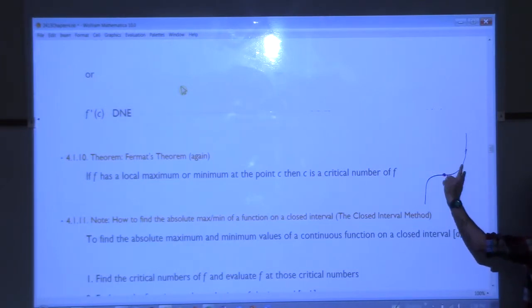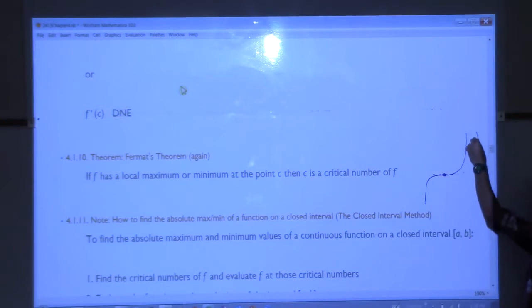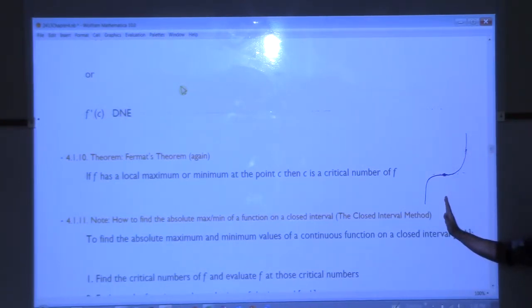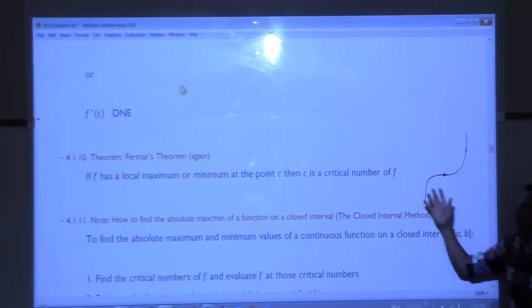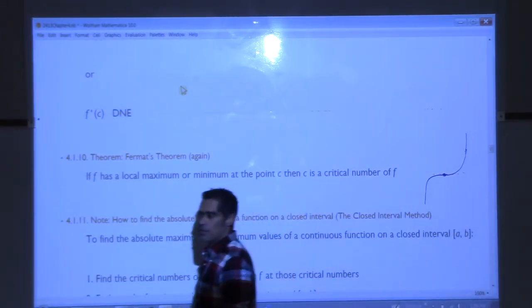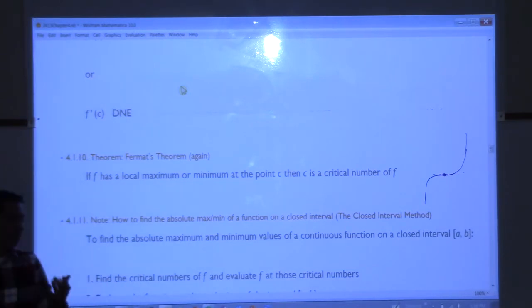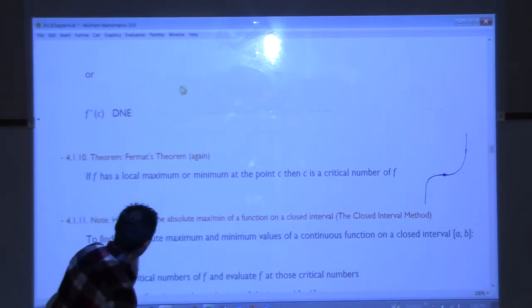And just for one instant, it's going to be flat. And it's going to be 0. And then it's going to turn back up. So is that a critical number where this is happening? Yes, the derivative is 0 there. Is it a local max or min? No, right? So again, even though the theorem is nice, it doesn't guarantee us where we're going to find local max and mins. So what are we going to do?